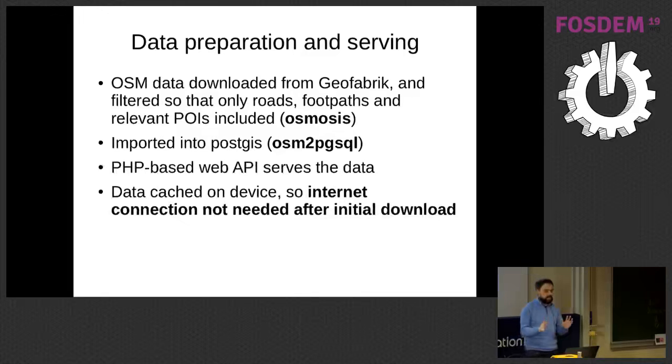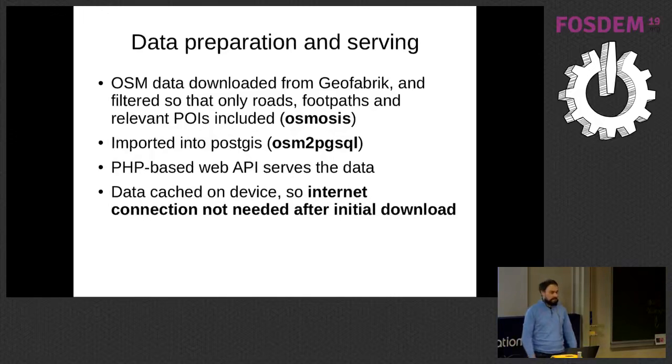I download data from Geofabrik in Germany, the Geofabrik site by Jochen Topf and Frederik Ramm. So I download country extracts from there. I then run it through osmosis, the OSM filtering tool, to select only the things I'm interested in, namely roads, footpaths, and a small subset of points of interest.